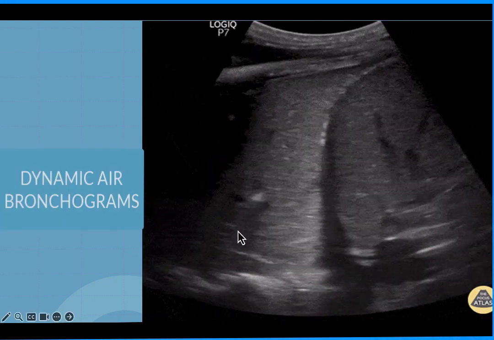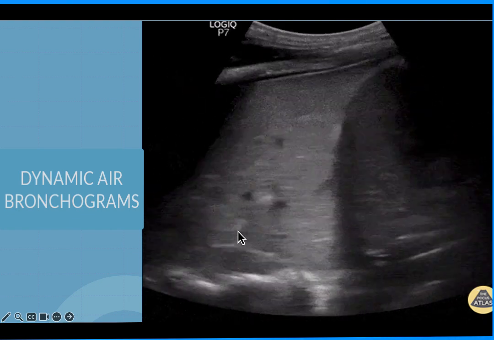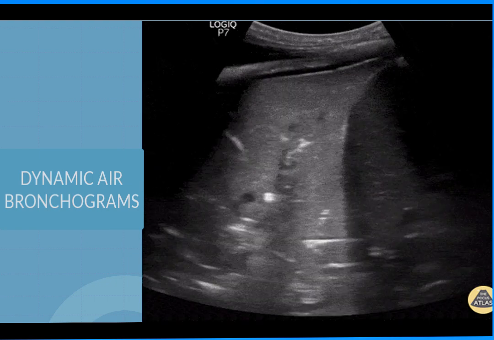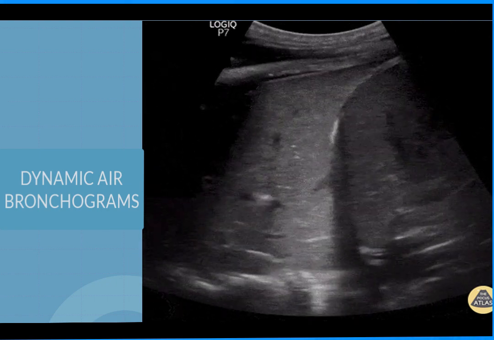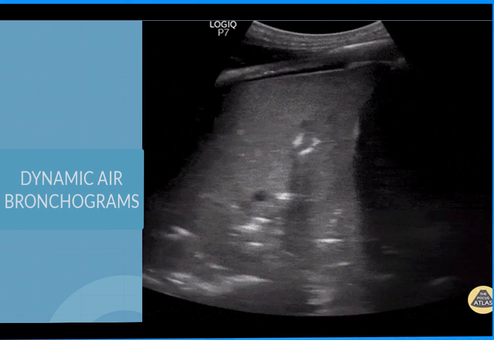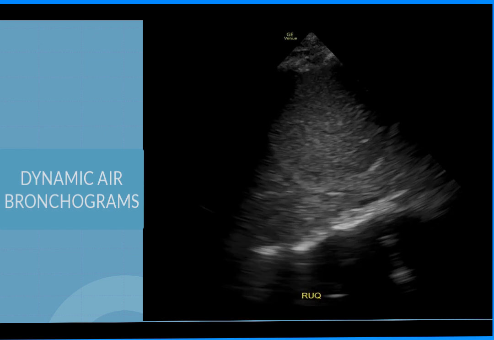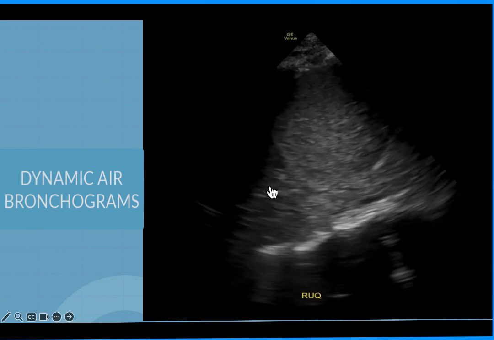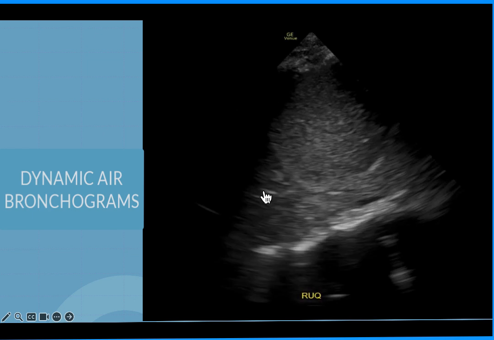Here is the same example of what we talked about, dynamic air bronchograms that move as the patient is during respiration. This is another example. Over here, you're seeing those bright hyperechoic objects moving during respiration.